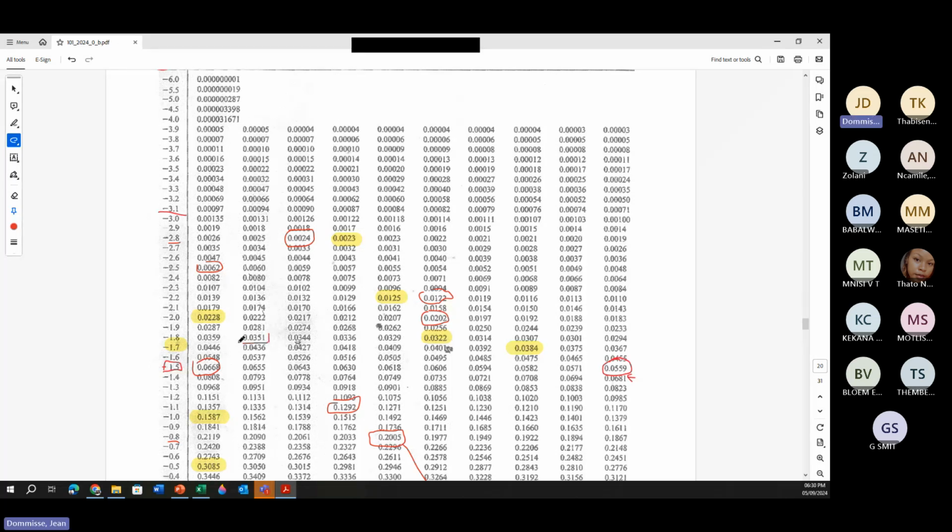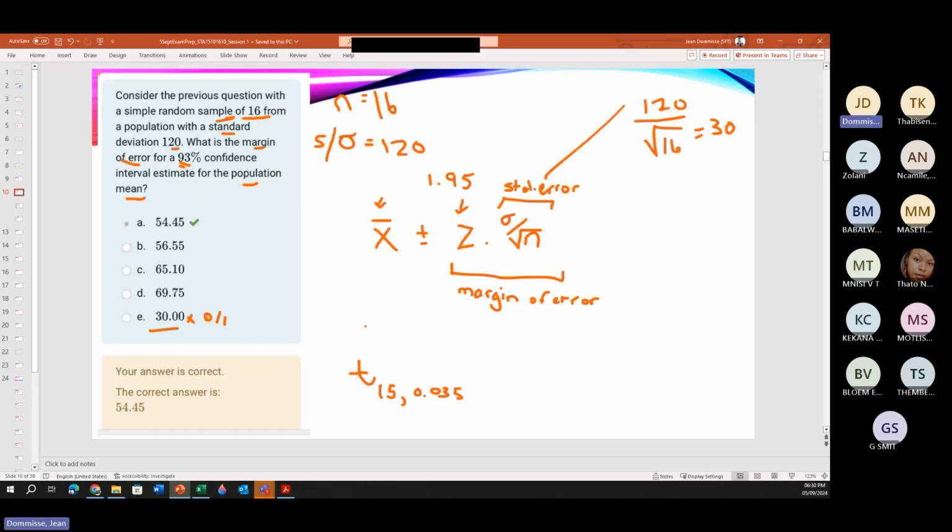Okay, so in actual fact it is lying between those two. So with a Z, it is 1.815. Let's see, 30 times 1.815. Okay, that gives us actually that.